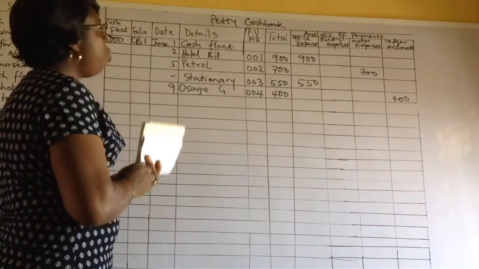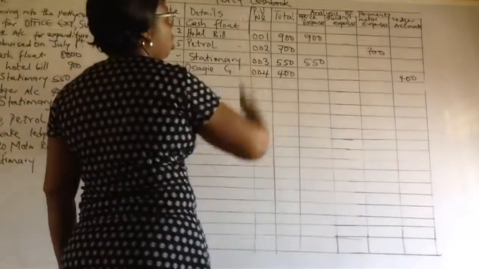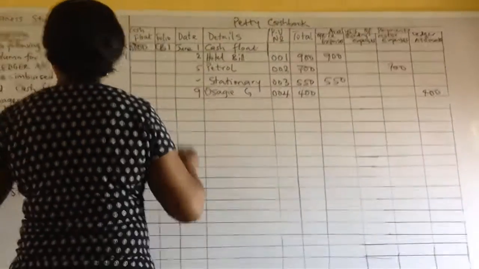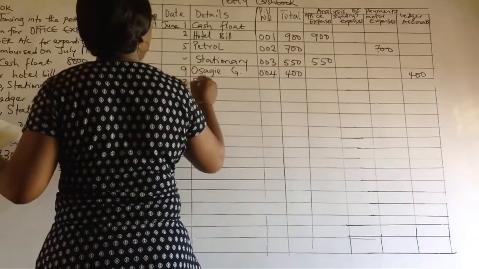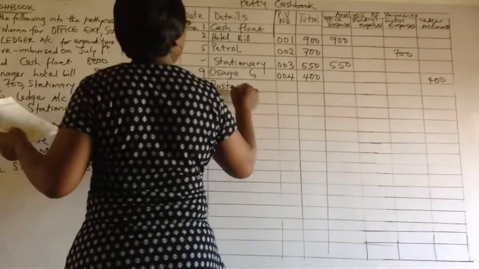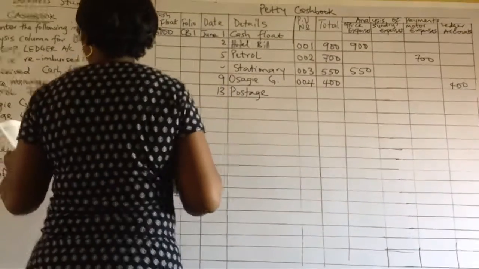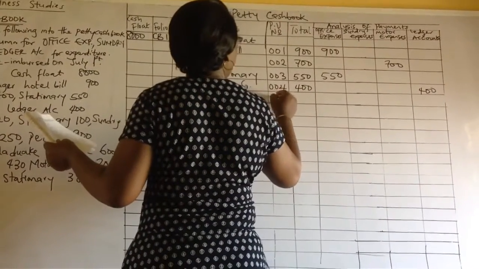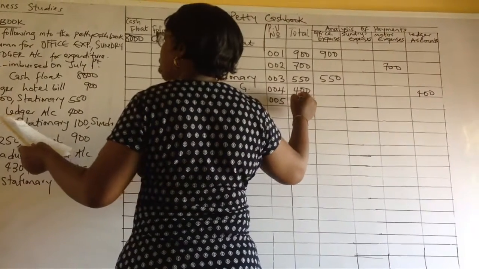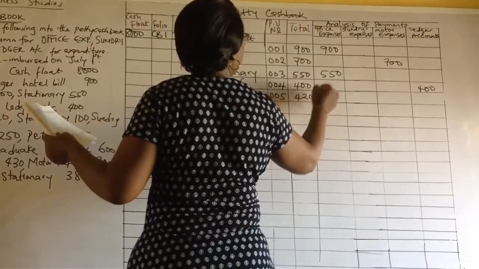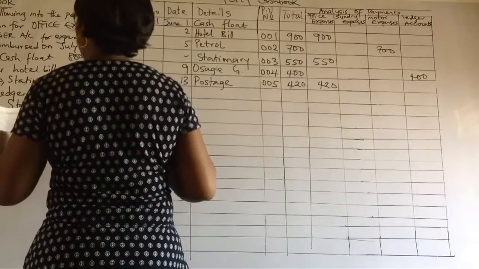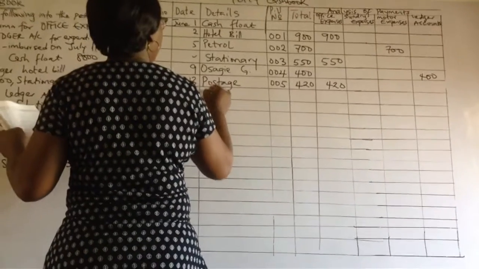Take note that all the PV numbers you are using should follow each other. On the 13th, you have postage. PV 4005, that's your PV number, 420 naira. Office expenses 420. The same on the 13th, you have stationery.